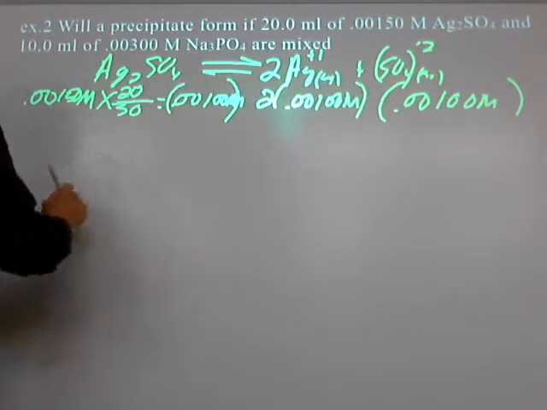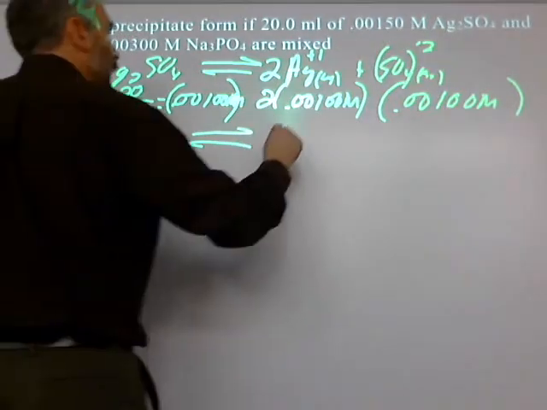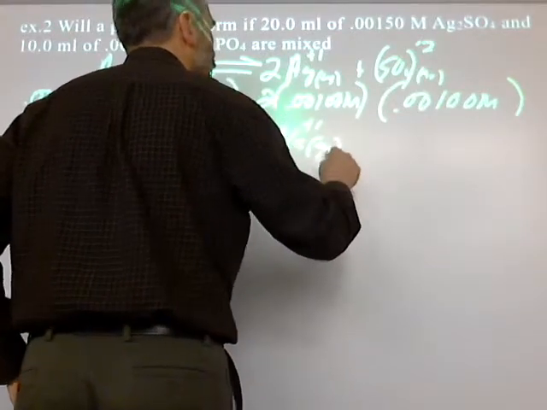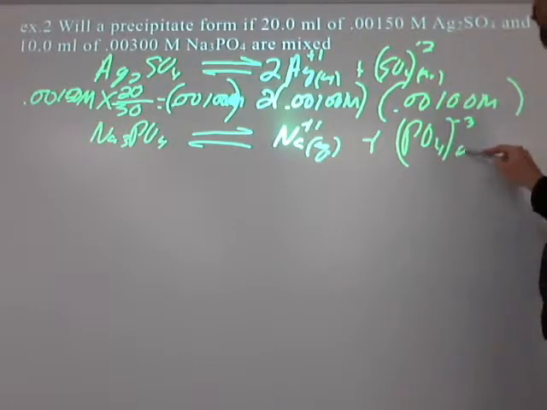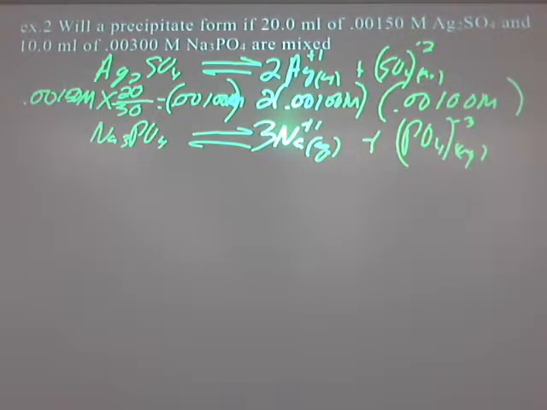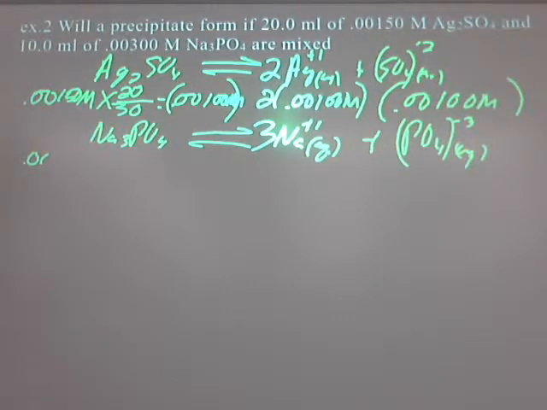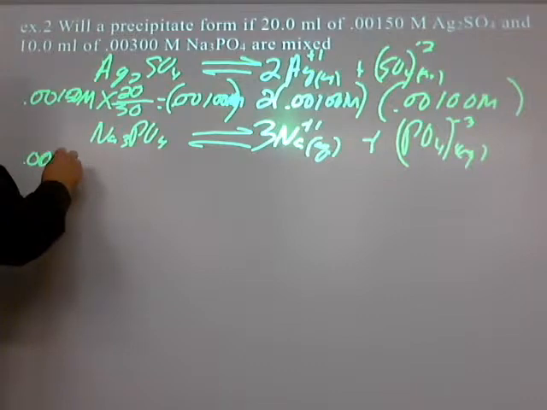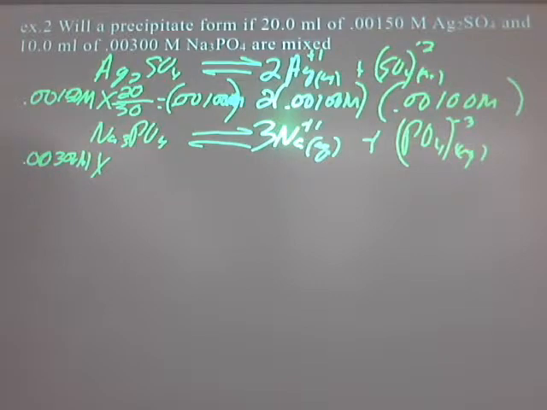Now here's your other one, sodium phosphate. Na3PO4 is breaking up into Na ions, aqueous, plus PO4 ions, aqueous. We've got 3 of them, and look what happens to my concentration. I made the numbers come out okay anyway. What am I going to multiply this time to get my initial concentration, my solubility? 0.00300 molar times what over what?